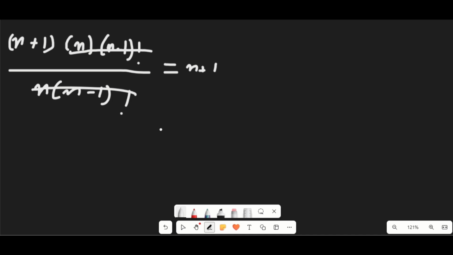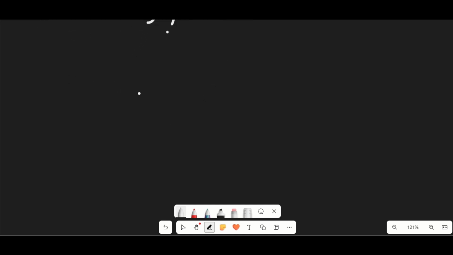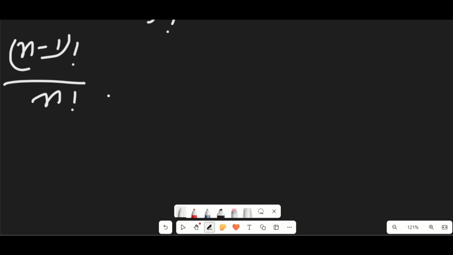Okay, let's take another example: (n minus 1) factorial divided by n factorial. For this expression, we do the same. We write n minus 1 factorial as it is.